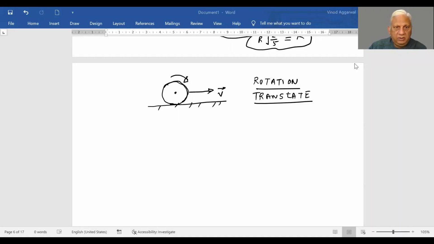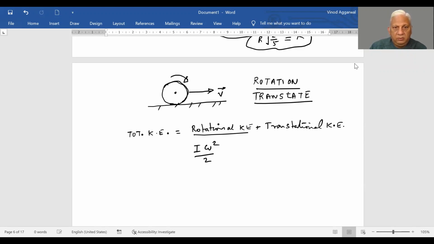Kinetic energy possessed by a moving bicycle is given as rotational kinetic energy plus translational kinetic energy. And what is rotational kinetic energy? We have seen it is I omega square by 2.